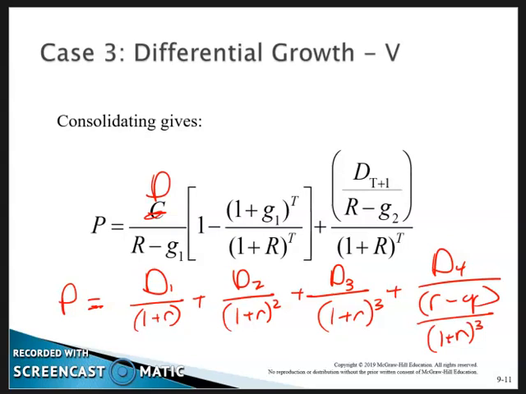This D4 divided by R minus G gives us P3. So we would add the present values of all those cash flows up and it would give us the price.